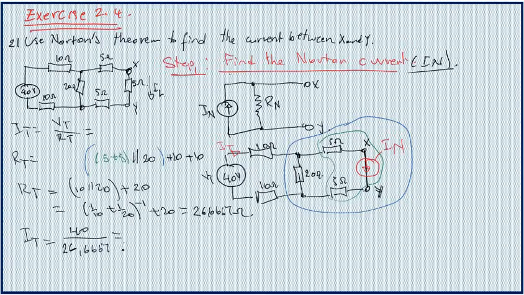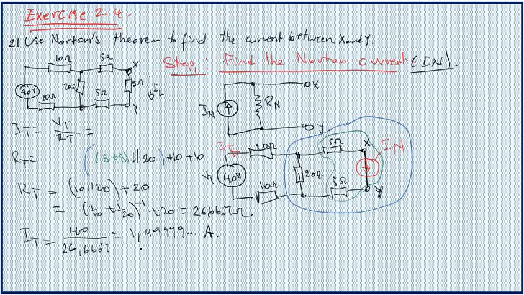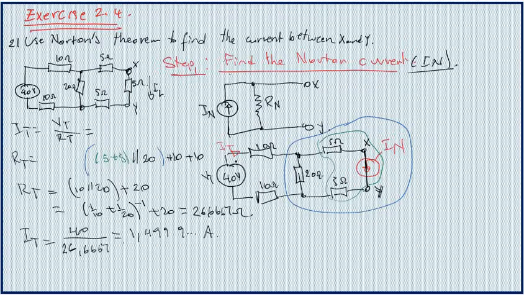So the current will be 40 divided by 26.6 ohm. Sorry, we have 1.4999 and so on amp. So that is the supply current.